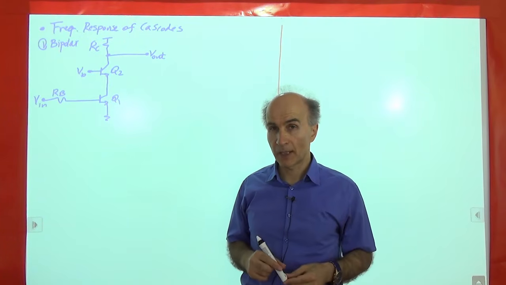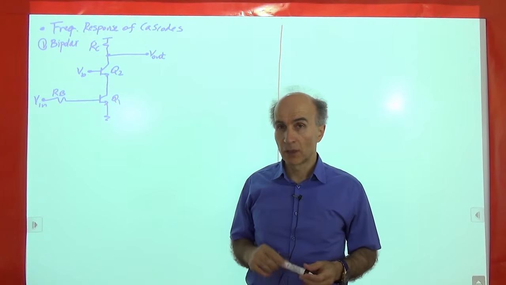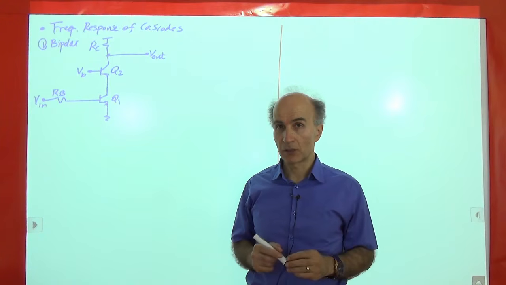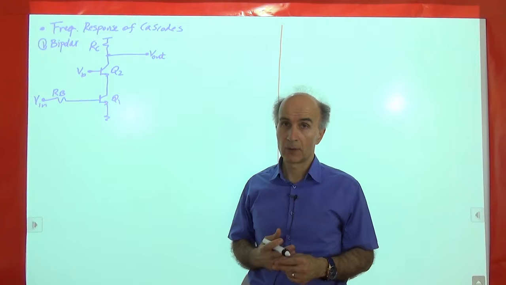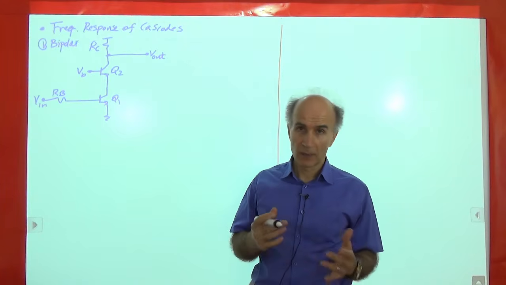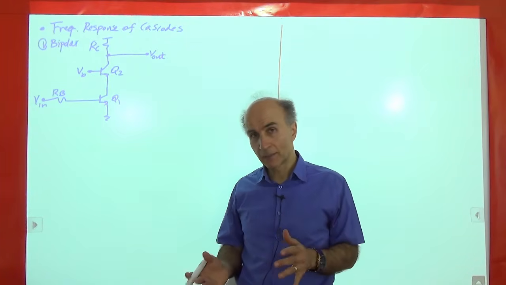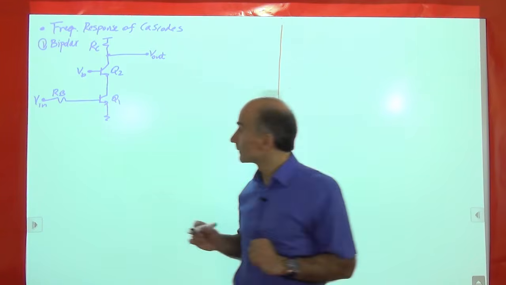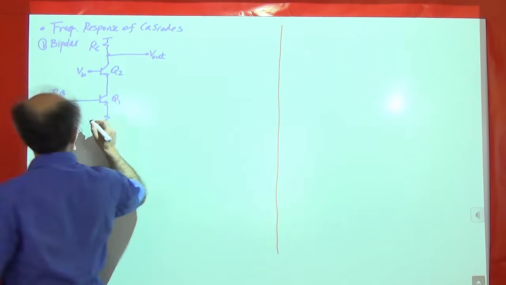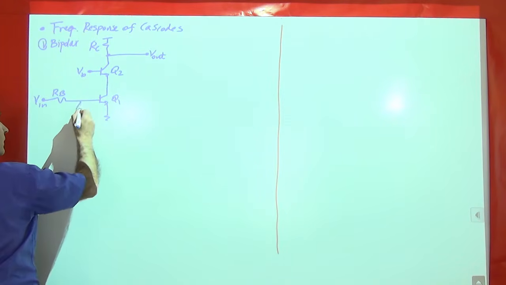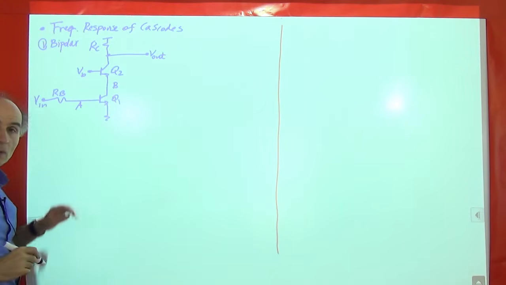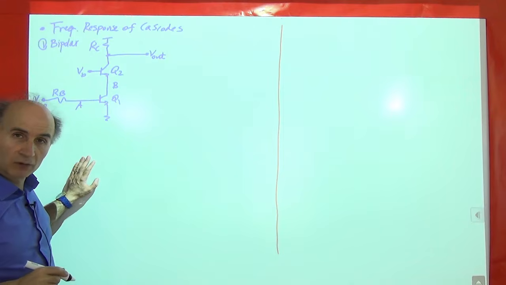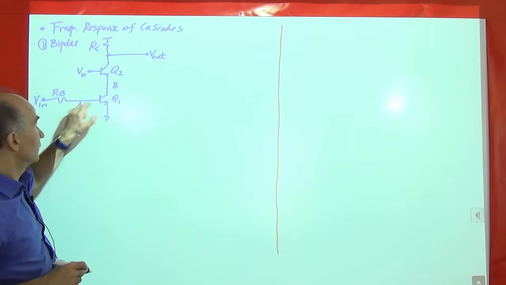But before we do that, I want to make a simple observation about the low frequency behavior of the circuit. This is something we did not study before because we didn't really need it at the time, but now we need it. Let's consider this node, call it A, and this node B. The question is, how much is the voltage gain from this node to this node?